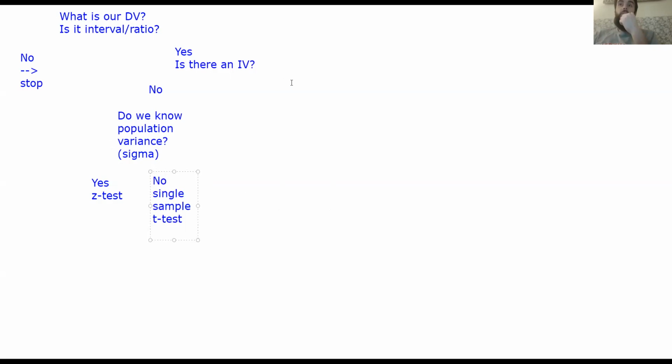If there is an independent variable, the next question we ask is, how many levels of the independent variable are there?